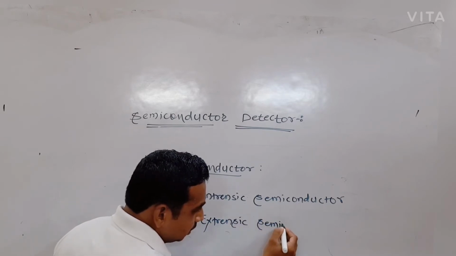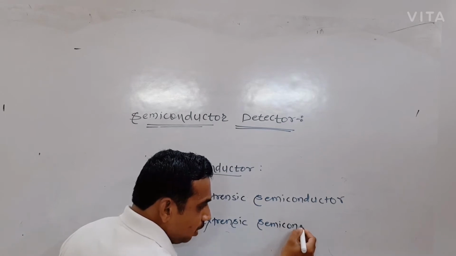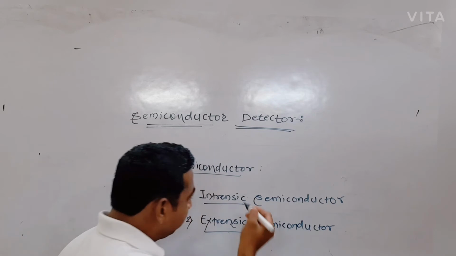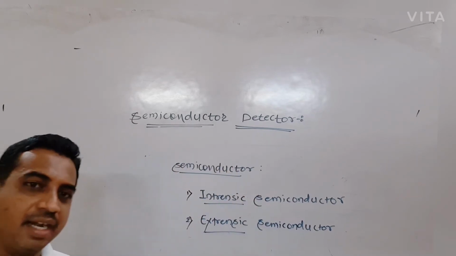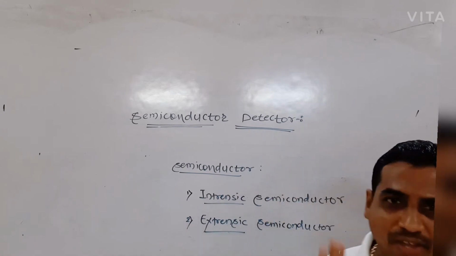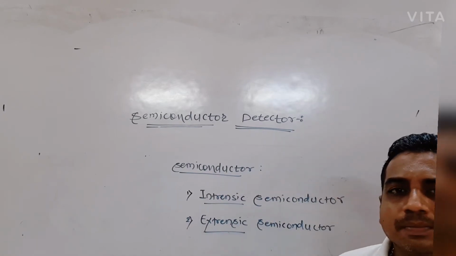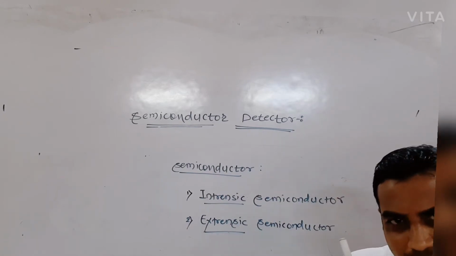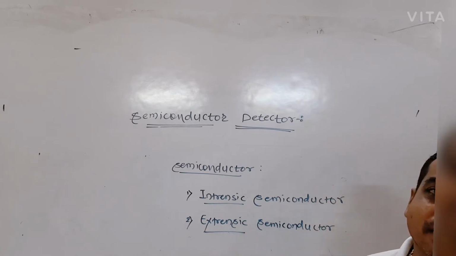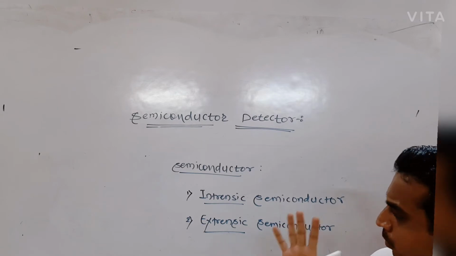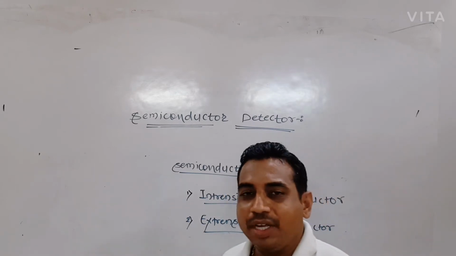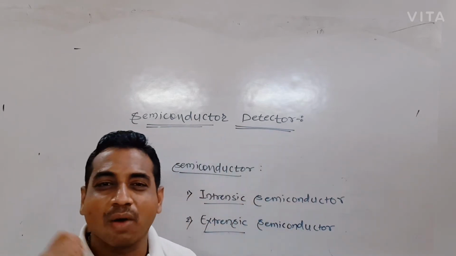So what is the difference between an intrinsic and an extrinsic semiconductor? The semiconductors used for different purposes are mostly extrinsic semiconductors. So what is an intrinsic semiconductor? The semiconductor which is in a pure form.